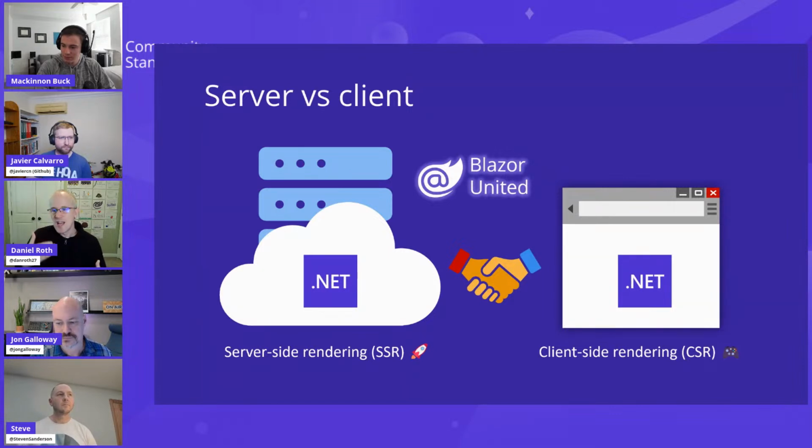We're also working to enable new rendering capabilities like streaming rendering and progressive enhancement of page navigations and form posts to help your web UI become even faster and smoother. The idea is with Blazor United, you will have full flexibility within a single programming model to render your web UI in whatever the best way is possible.